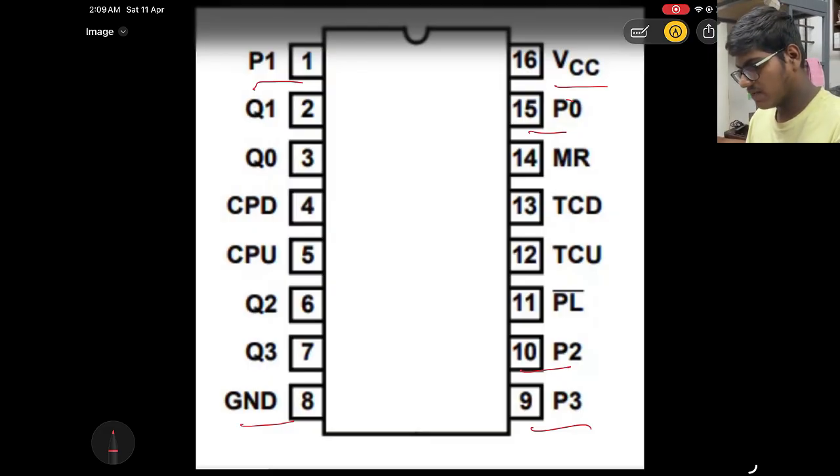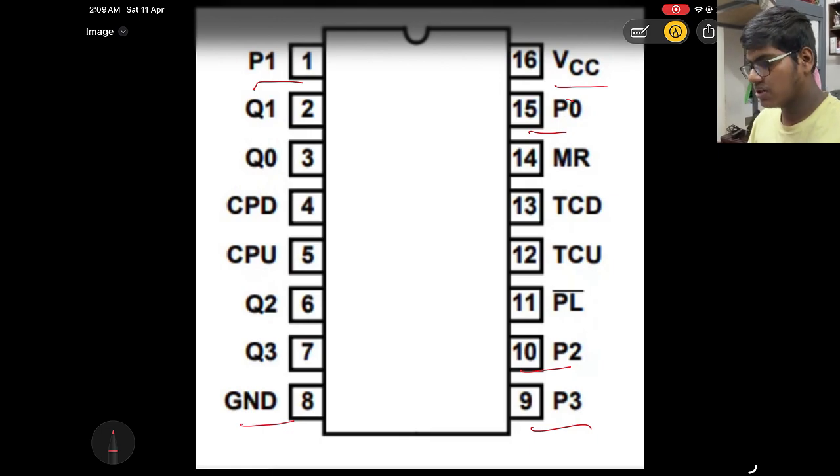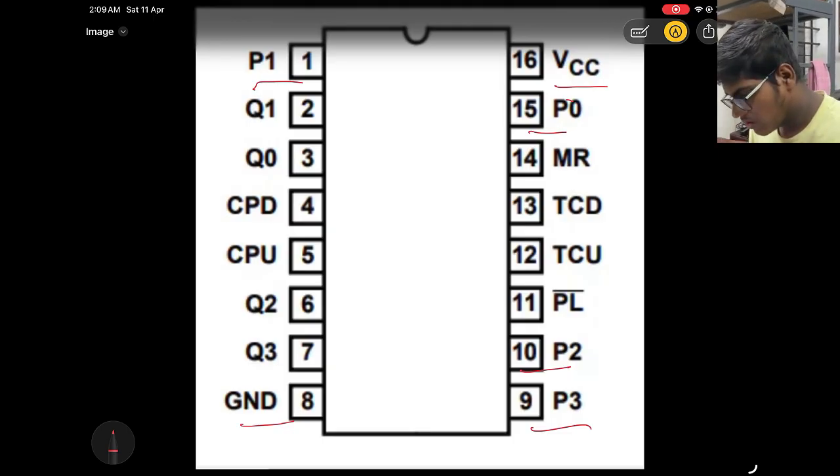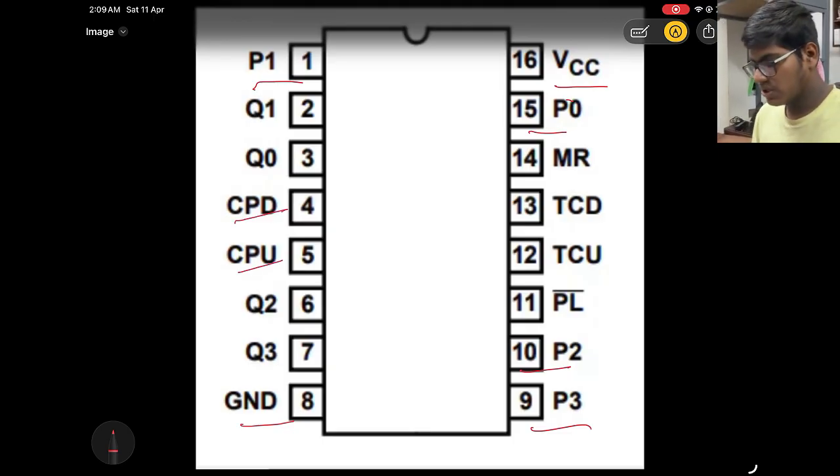When a value is given in these pins, it is taken as the binary starting value of the up or down counting. We moreover have 2 pins, 4 and 5, for counting up and down.